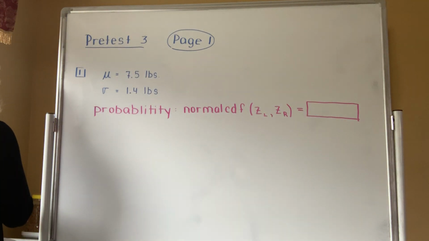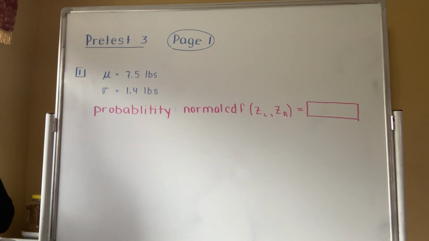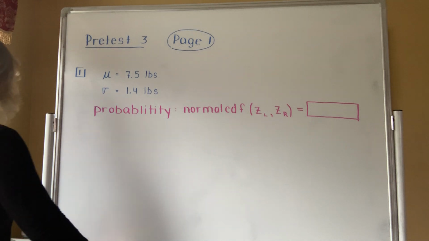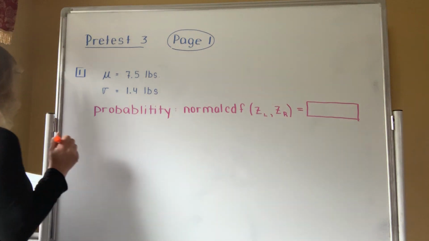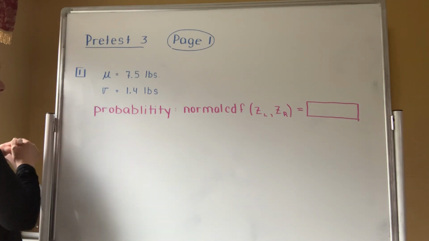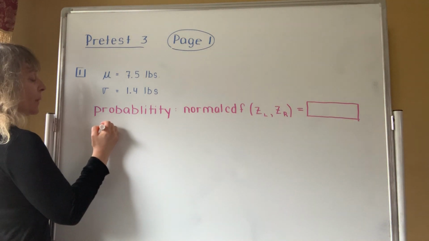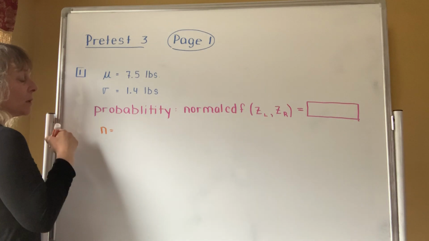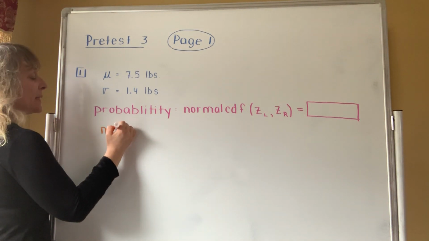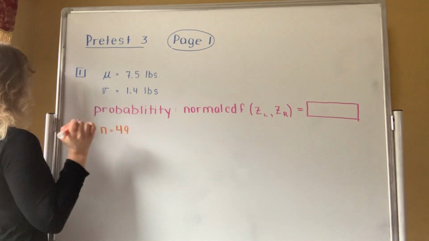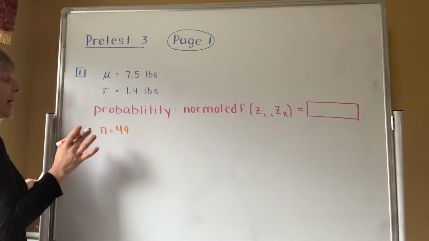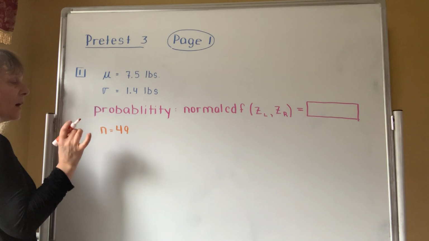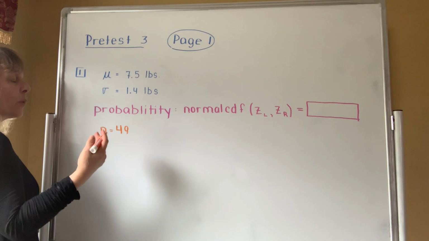Now, it does tell me there is a random sample of these babies. What is the probability that a random sample of 49 babies? They don't even tell you that these babies are part of this community, technically, but they tell you the size of the sample is 49 and that they have to have a mean weight of at least 7.2 pounds.